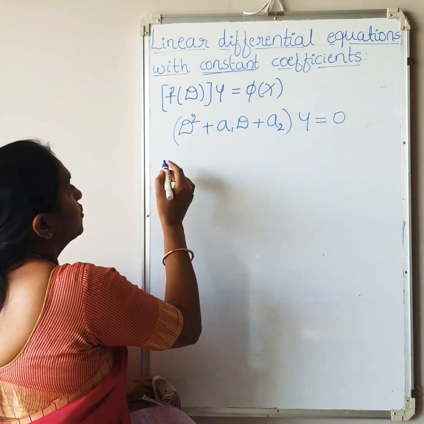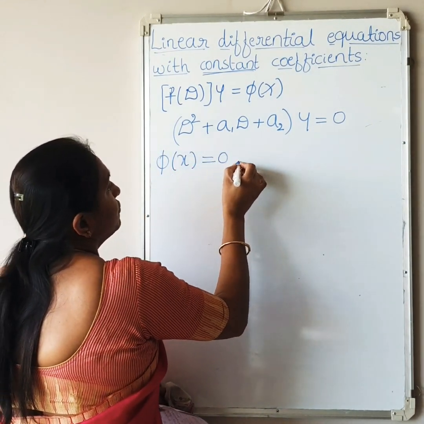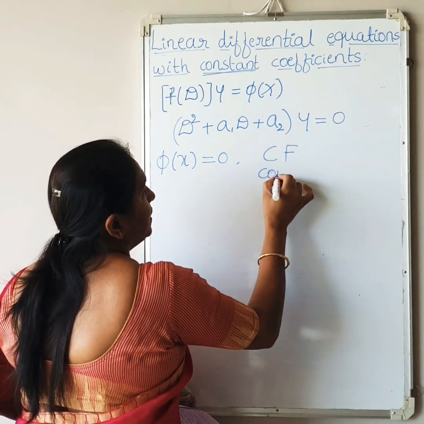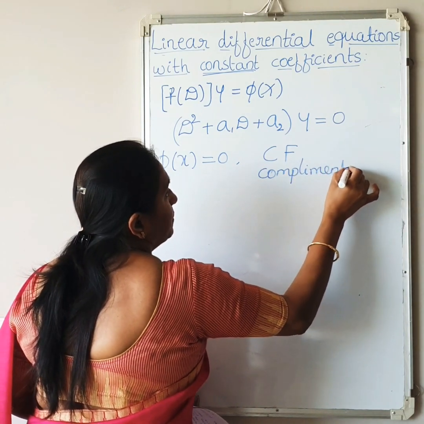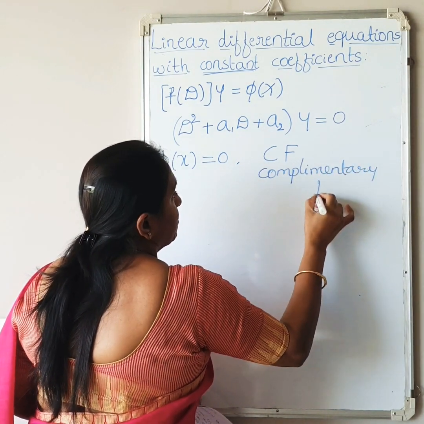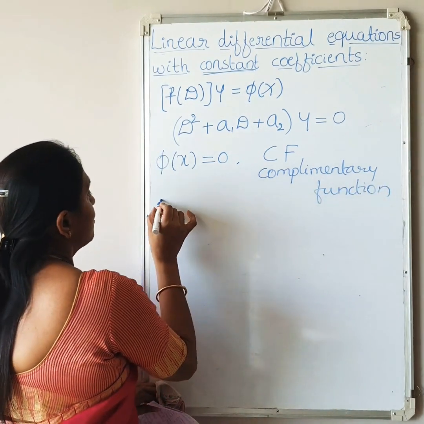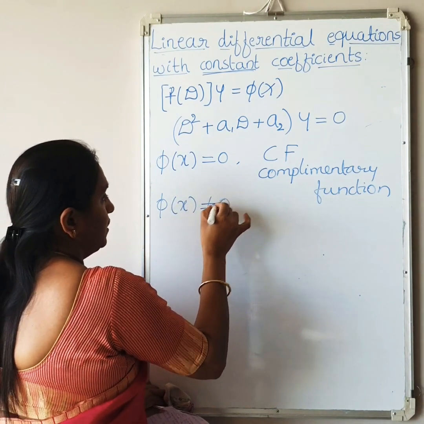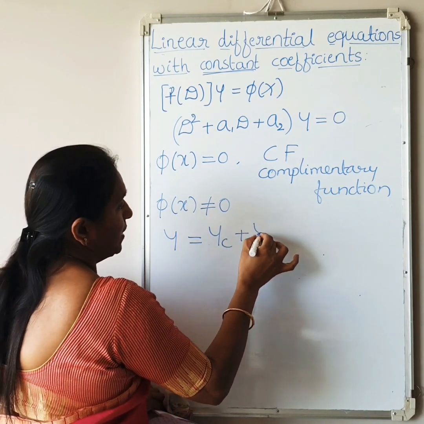If it is homogeneous, that is phi of x is equal to 0, then we have to find out only the CF. CF means the complementary function. Its solution will be only the complementary function. Suppose it is non-homogeneous, that is phi of x is not equal to 0, then its solution will be y is equal to yc plus yp.